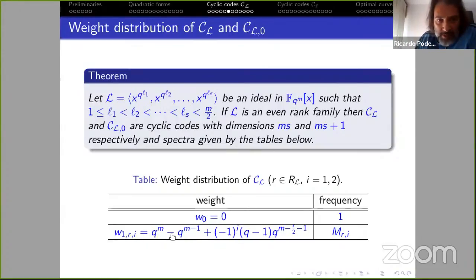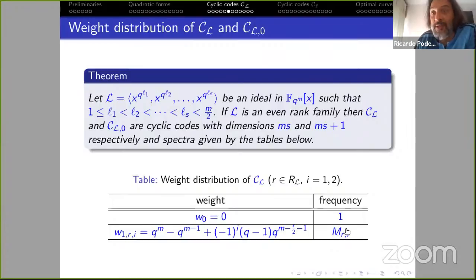The weights depend on the rank R, and I have two types. Given a rank, I have two types, 1 and minus 1. And this is the frequency.